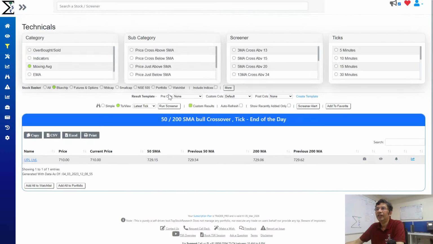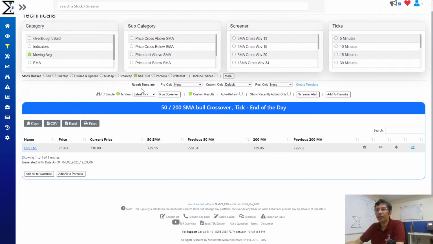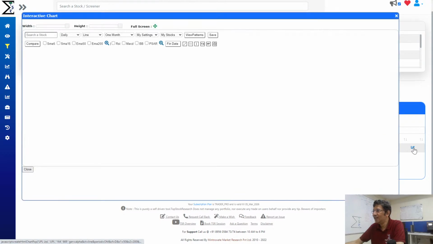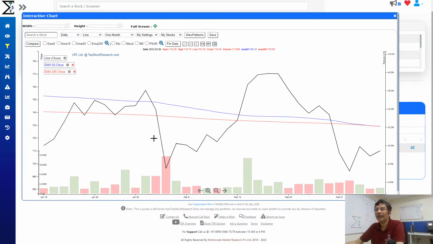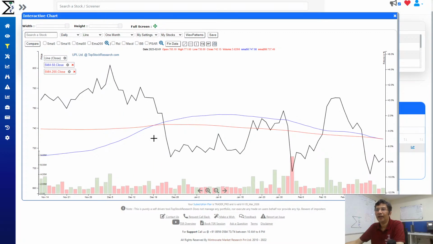If we increase the scope, again UPL is the one showing the results, where the two moving averages, 50 and 200, crossed. Not a very clean crossover, but that's what it is. You can see that there was a positive crossover, but the 200-day moving average was almost flattish.